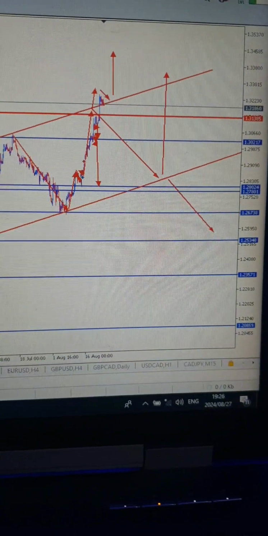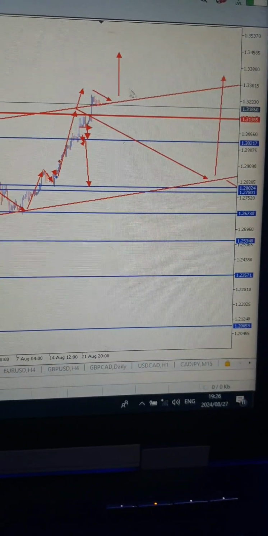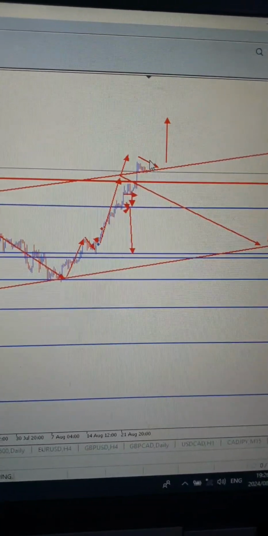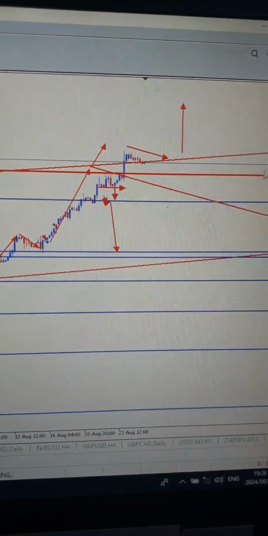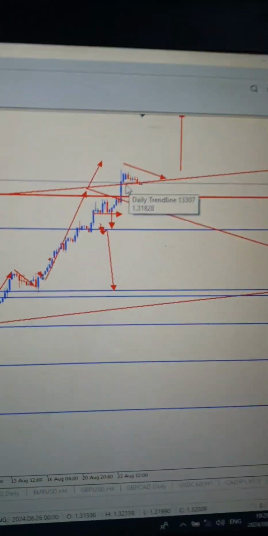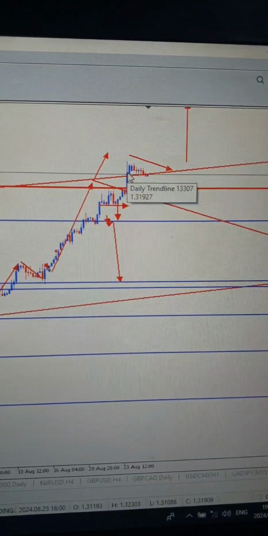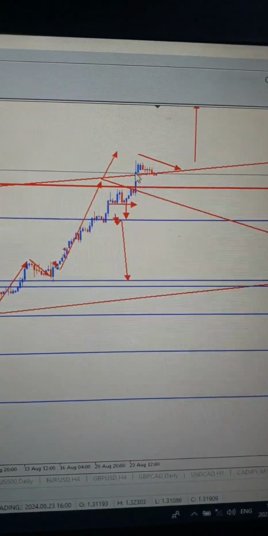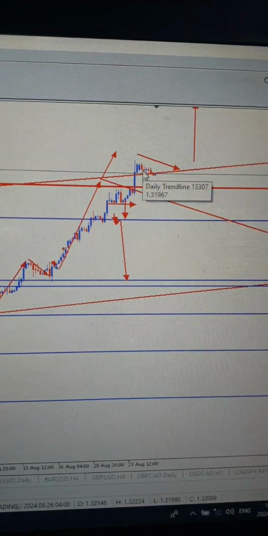So okay, let's look at what the market has chosen. You guys can tell me what the market has chosen. Actually, it has broken our trend line. It's retesting the trend line, and obviously I think the market is going up, because this is our trend line. I don't think it's a false breakout, because looking at the candle, let's be very careful, this candle closes above the trend line, the full body.